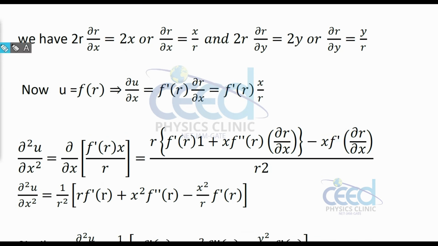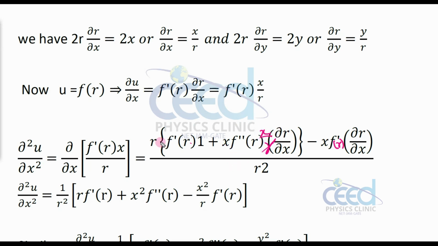Here I have x, and here I have f'(r) into, for the denominator r, ∂r/∂x. When I rearrange this, I can take 1/r² out and multiply r inside, that is r f'(r) plus r into x into f''(r), where I can replace ∂r/∂x with x/r.